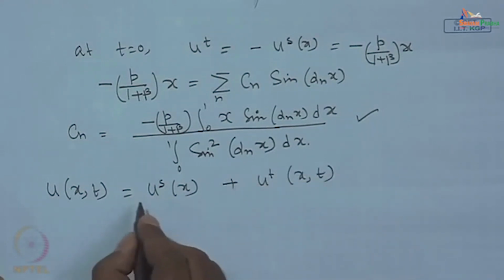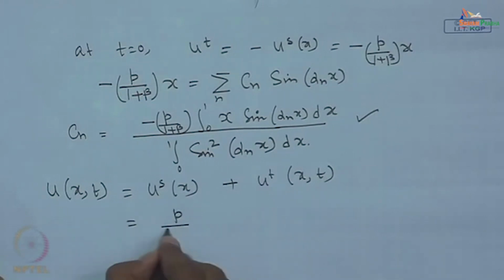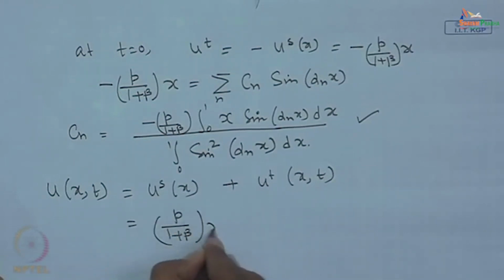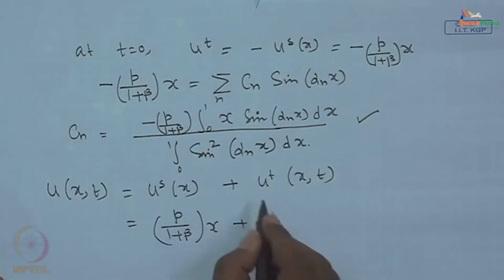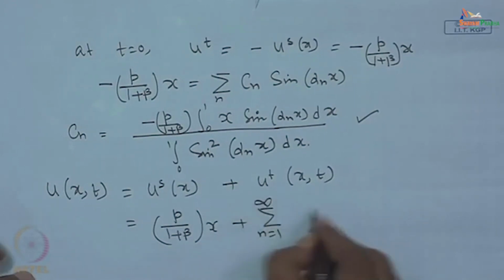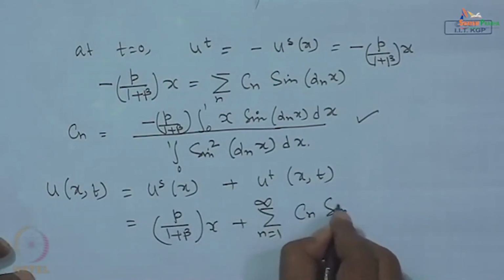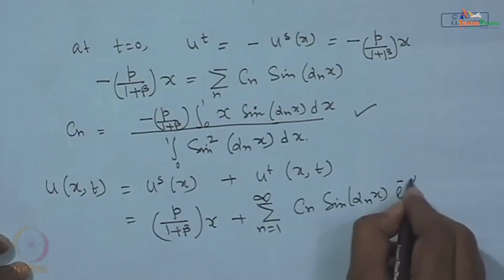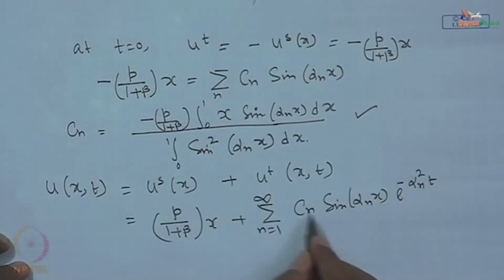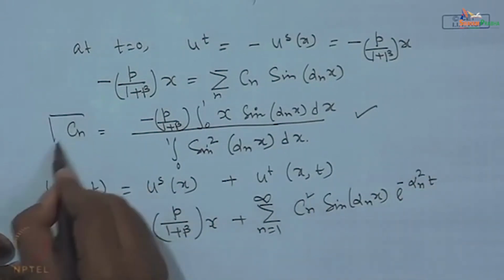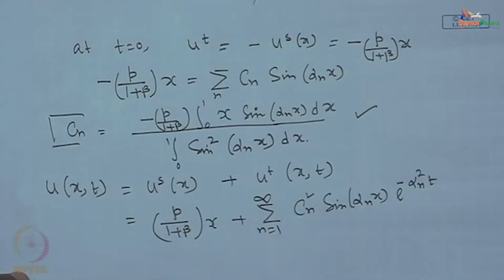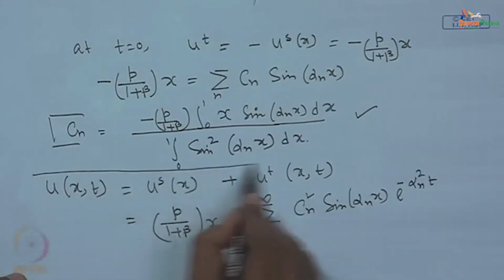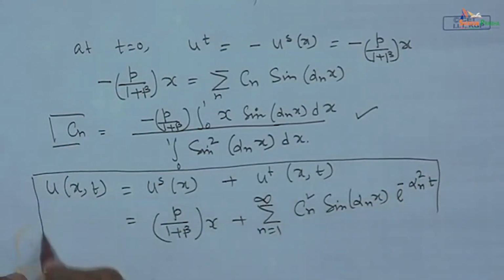So, this becomes p divided by 1 plus beta times x plus u t, which will be nothing but summation n is equal to 1 to infinity C n sin alpha n x e to the power minus alpha n square t, where C n will be evaluated from this expression. So, that gives the complete solution of the problem.